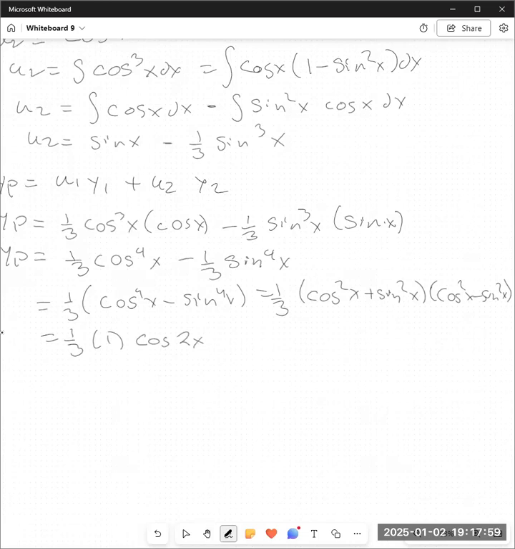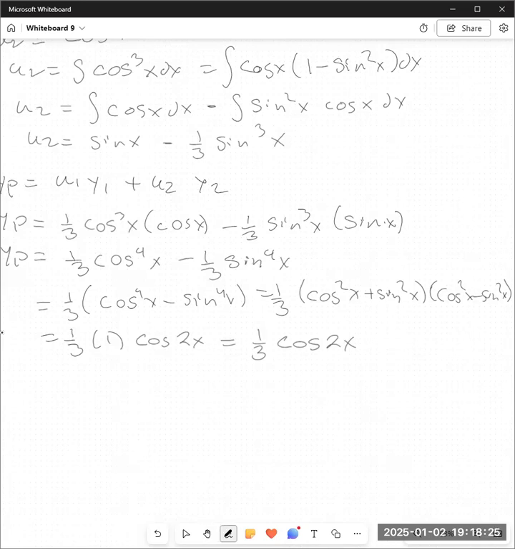So this is 1/3 cosine 2x. So let's see here.